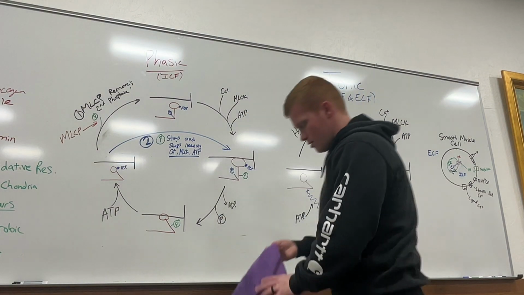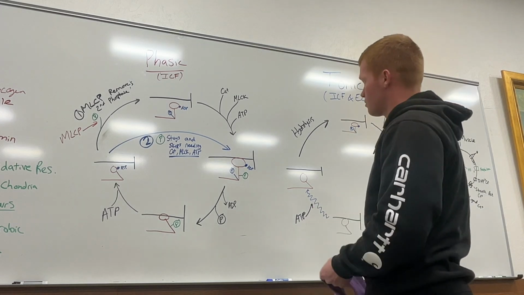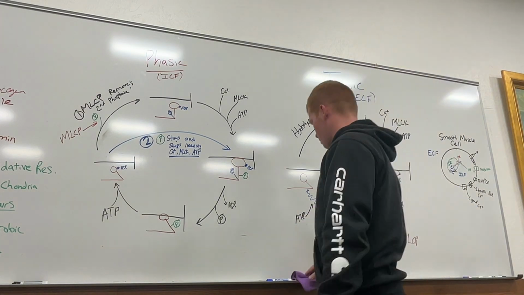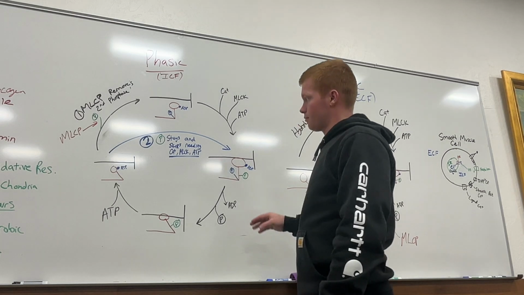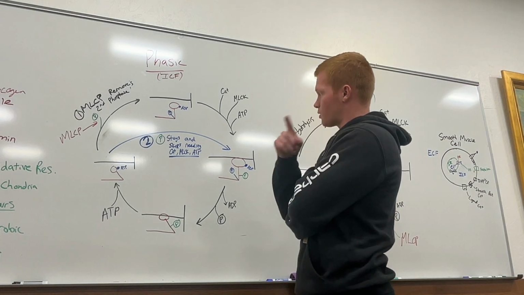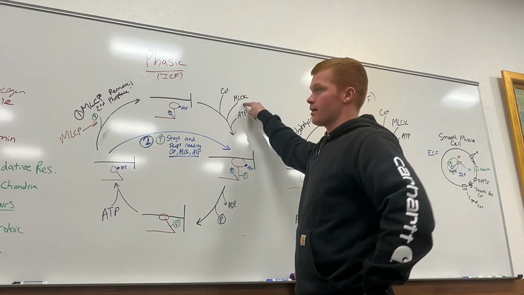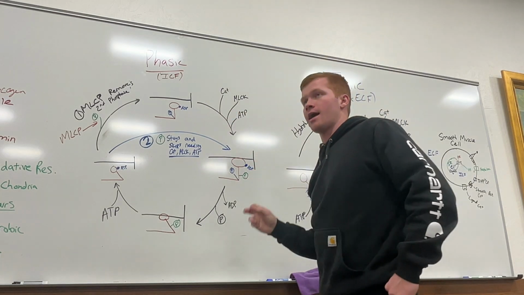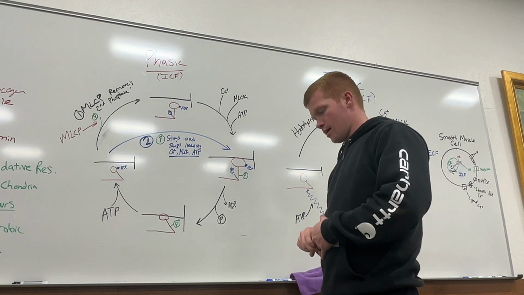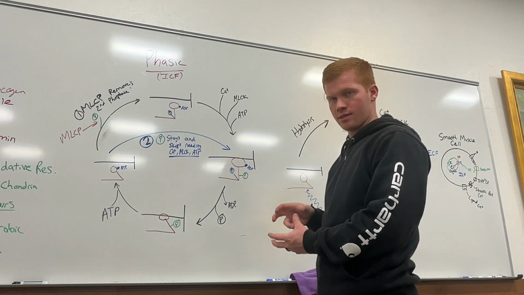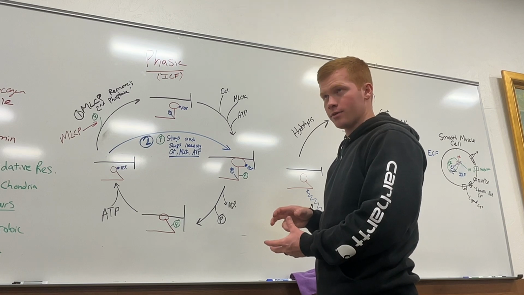Okay, calcium comes in. The reason why that's important is because the MLCK isn't activated until calcium binds to a little protein, I think it starts with a C, calmodulin or something.